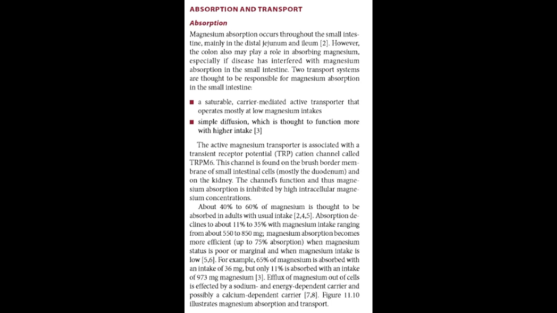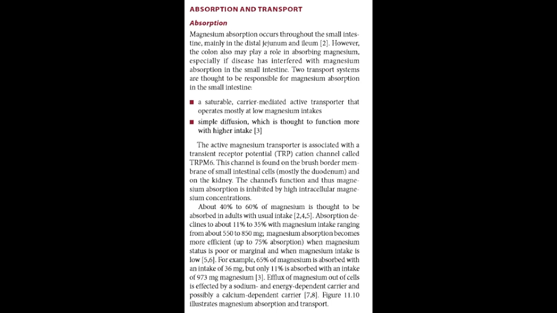And we have two transport systems thought to be responsible for magnesium absorption in the small intestine. First one is called carrier mediated active transporter. This is an active transport mechanism that operates mostly at low magnesium intakes.